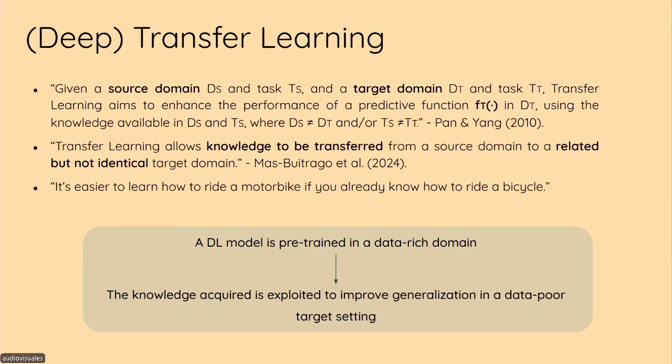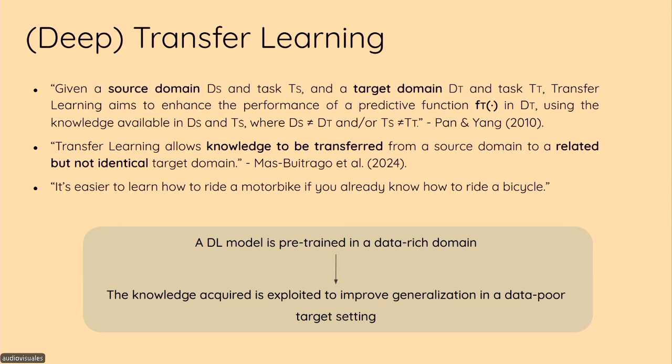And we talk about deep transfer learning when this predictive function is indeed a neural network. Okay, so basically the idea is that transfer learning allows knowledge to be transferred from a source domain to a related, but this is important, not identical target domain.